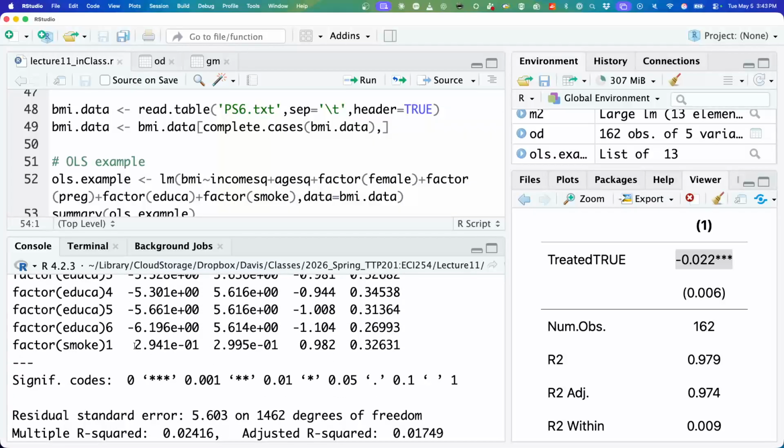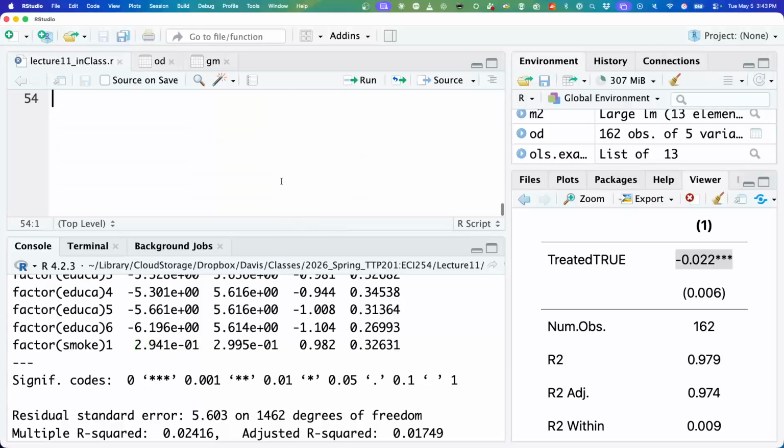And the effect of smoking: if you're a smoker, your BMI on average increases by 0.29, okay?